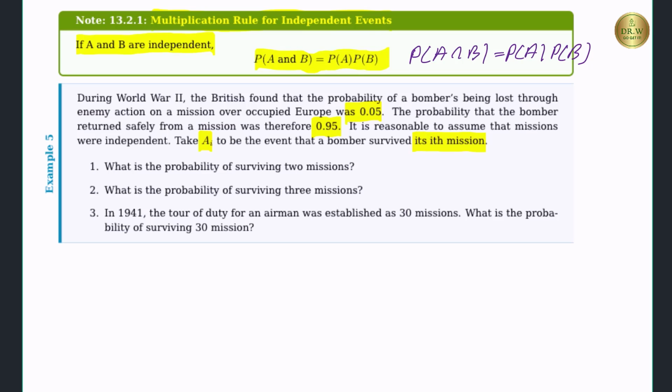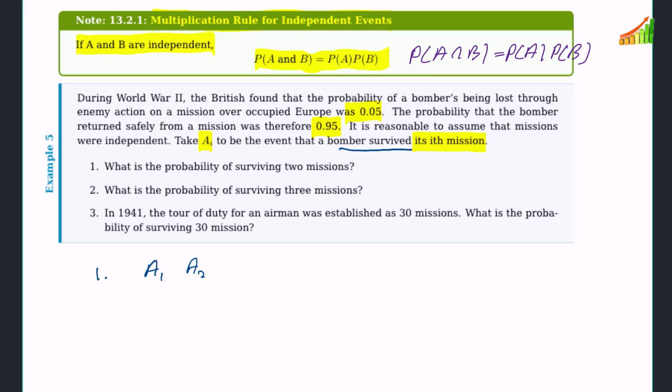For the first one, what is the probability of surviving two missions? Okay, Ai is the ith mission, so I can write two missions, A1 the first mission and A2. That is, the missions the bomber survived, right?